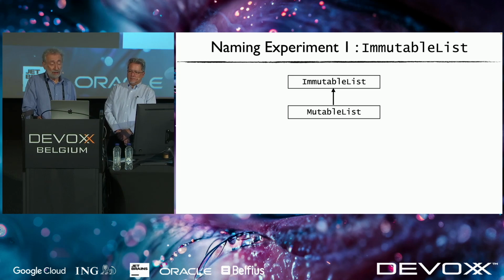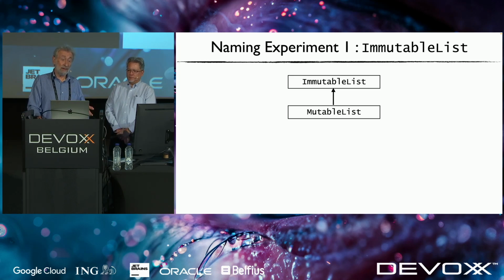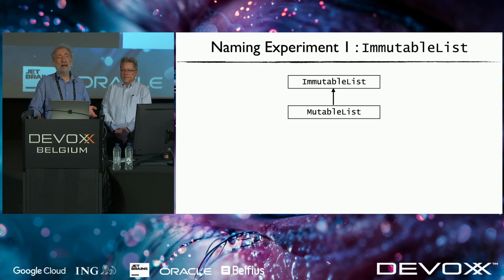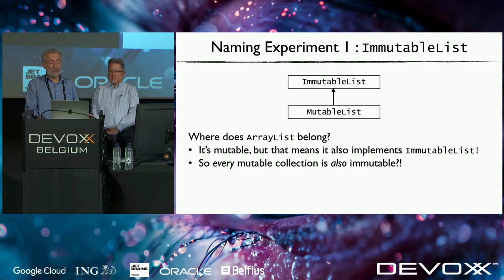But the problem with this is that the other aspect of inheritance is the is-a relationship. Anything that inherits from a supertype is a kind of that type. So ArrayList, for example, which is obviously a kind of mutable list, also transitively turns out to be a kind of immutable list. That doesn't make any sense at all.